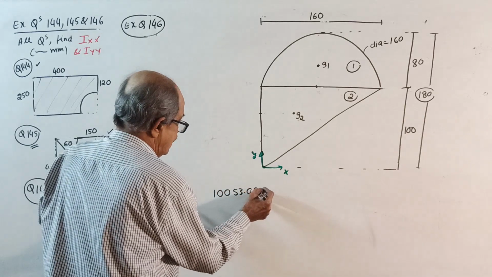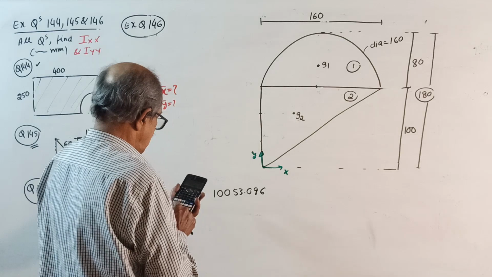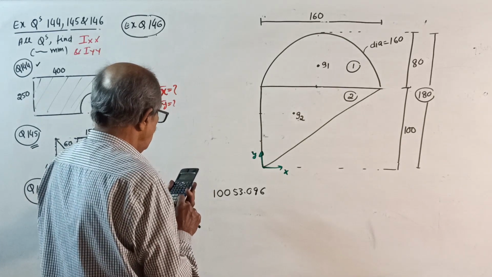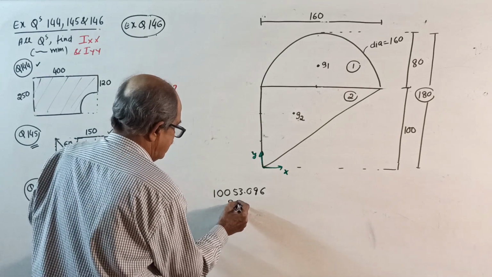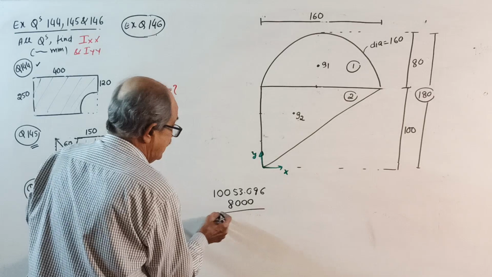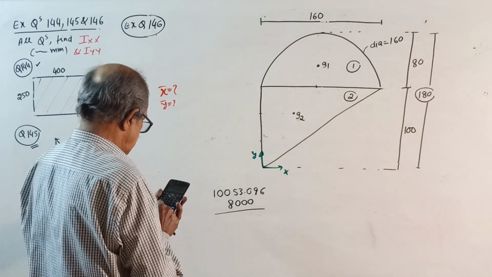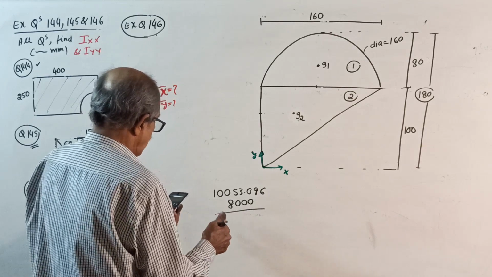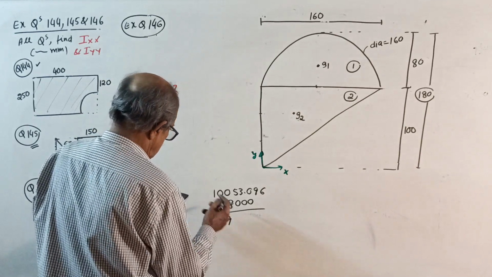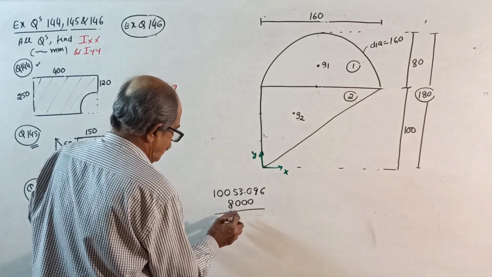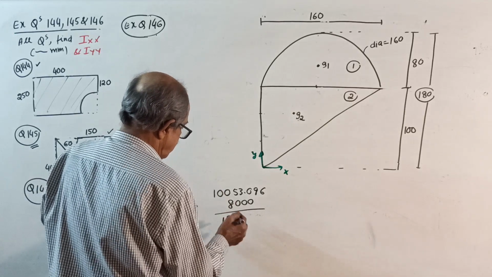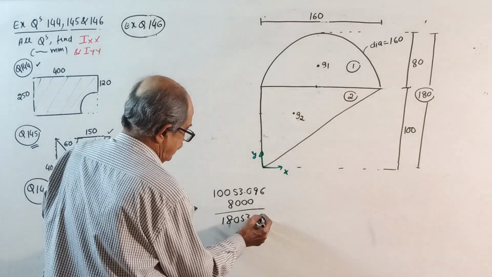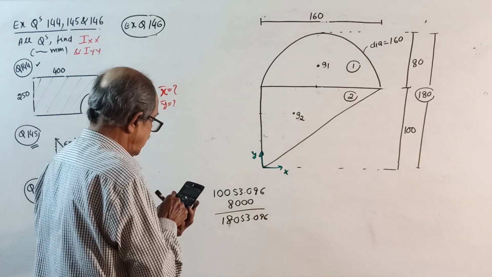Second area, half into 100 into 160: 8,000. So total area is 18053.096. Store A. I will store in A.